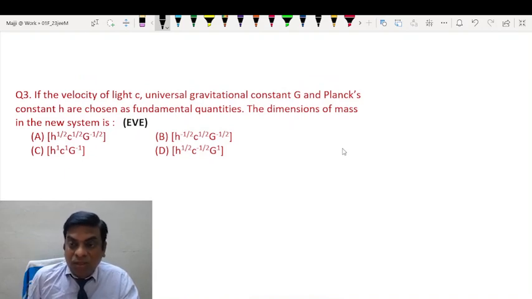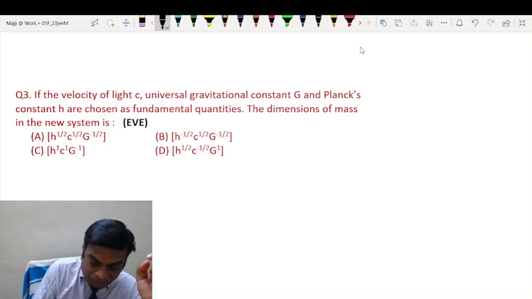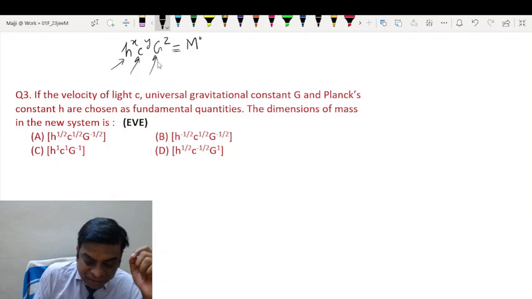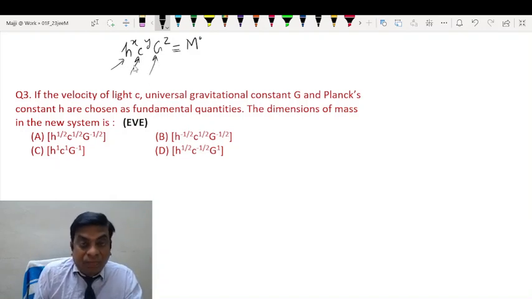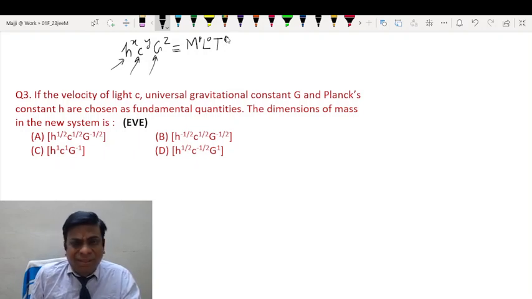Now students, the usual method taught in books and by our teachers is this: you take, let us say, the power of H as X, the power of C as Y, and the power of G as Z, and this should be equated to M. Then you write down the dimensional formulas of H, C, and G, collect the powers of M together, powers of L together, and powers of T together, and then equate the powers on both sides. So this could be slightly lengthy.